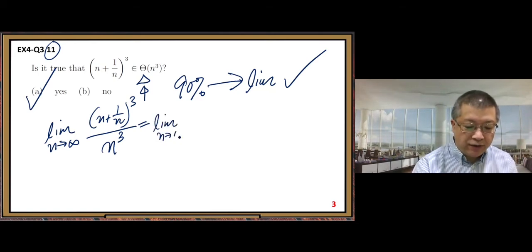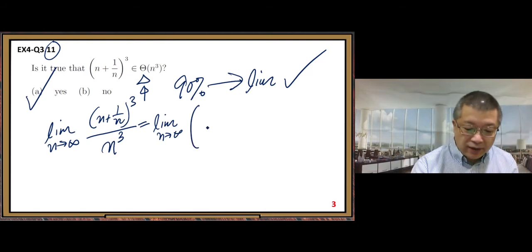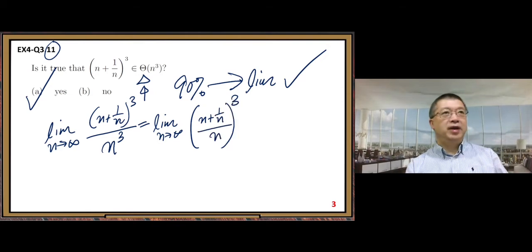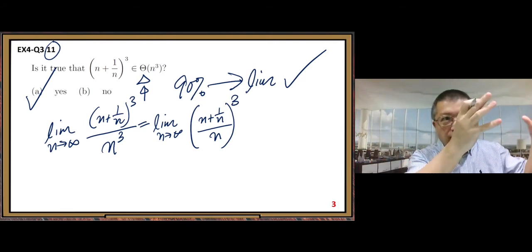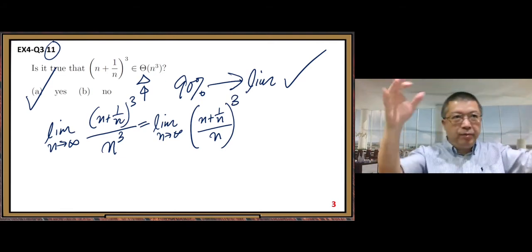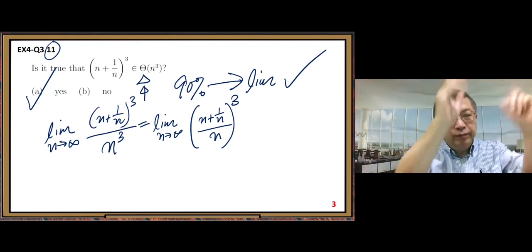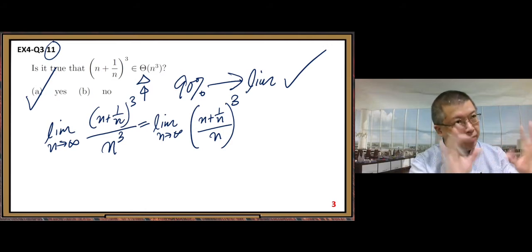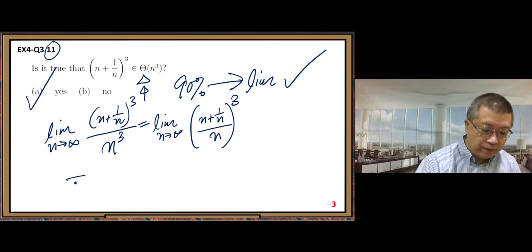Can we write (n plus 1) over n, cubed? Because numerator cube, denominator cube, we can take the common cube out of the big parenthesis containing both numerator base and denominator base. We can do it. That simplification.